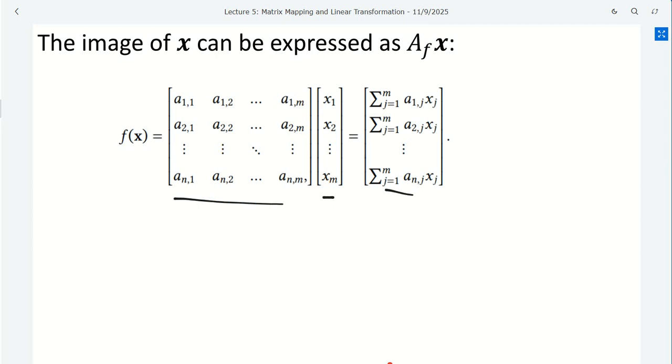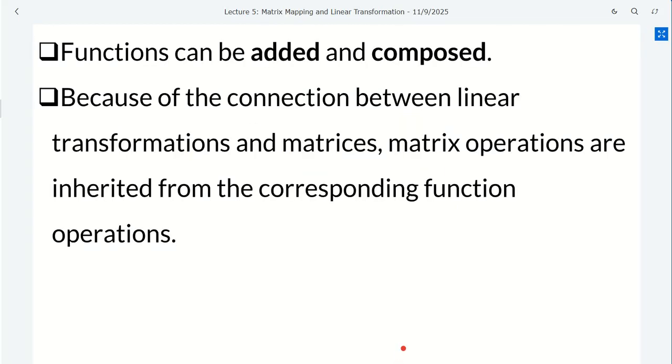If you pick the x1, it is going to multiply the column; if you pick that, it is going to multiply that. We will see practical examples in the next slide, which will be coming.